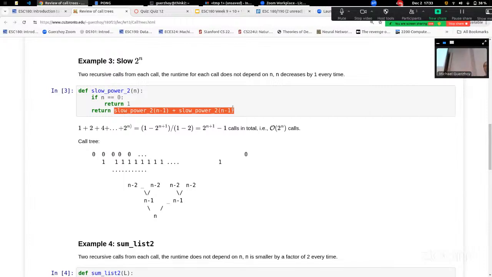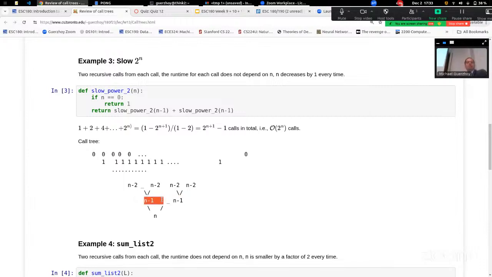So what is that going to look like? I'm calling slow power to n, and that makes 2 calls. Once to compute 2 to the n minus 1, and another time to also compute 2 to the n minus 1. Does that make sense?